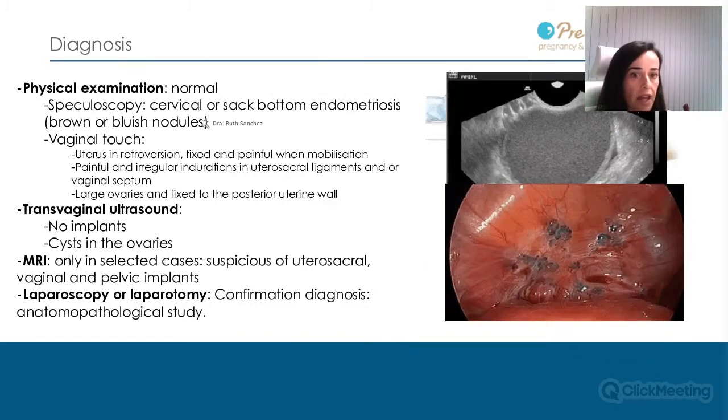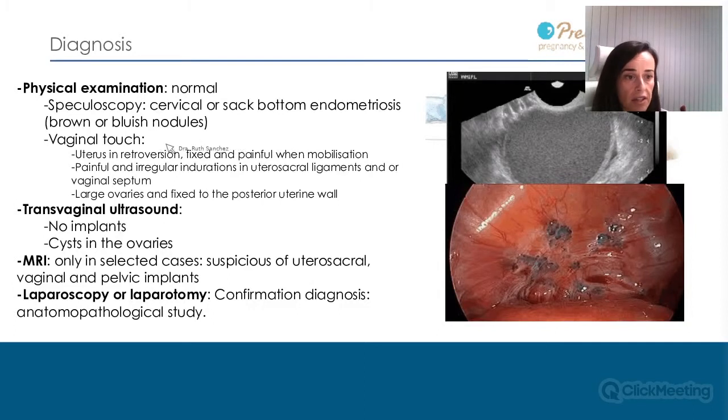Next, we have to do a physical examination, but we have to know that in most cases the examination is going to be normal. We cannot find anything in a physical examination. If we find something, we can find it with a speculoscopy. We can see cervical or sac bottom endometriosis like brown or bluish nodules.